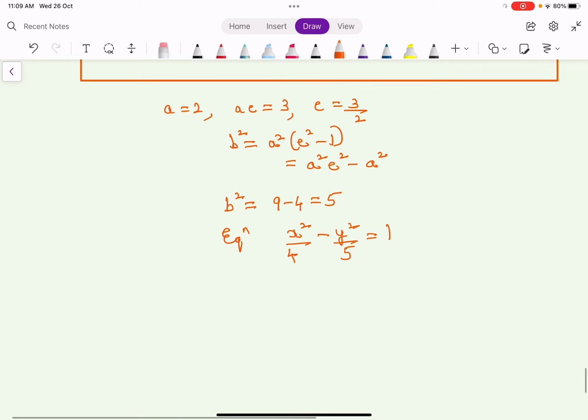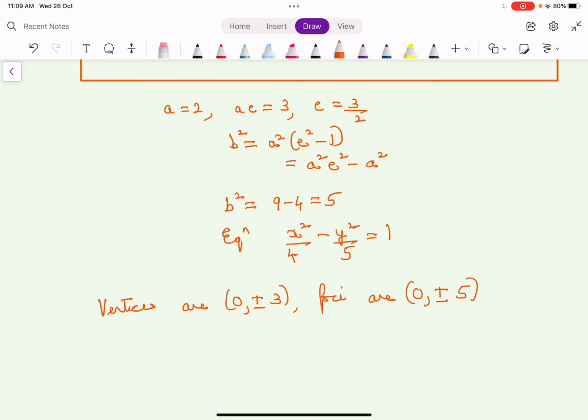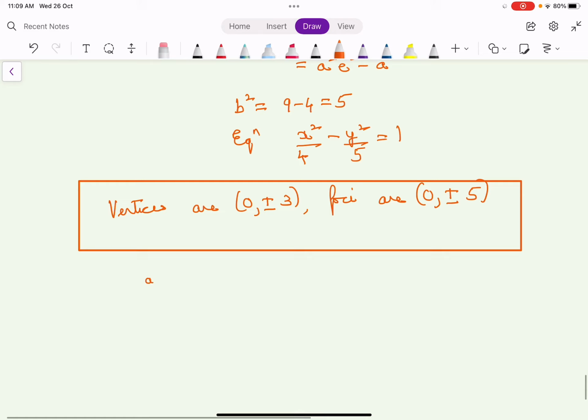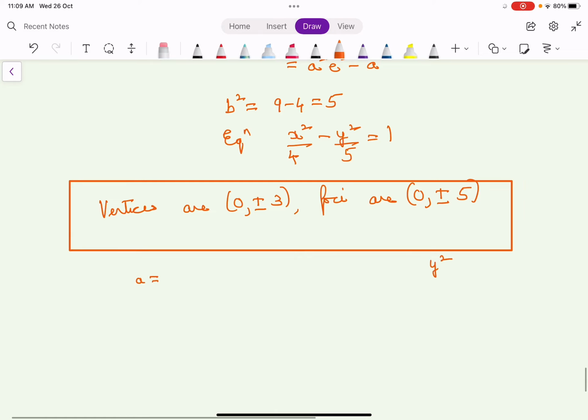Again, a similar question. If the vertices are 0 plus or minus 3, foci are 0 plus or minus 5, find the equation of the hyperbola. Now this is of the second form, looking at the vertices. So what's the second form? y squared by a squared minus x squared by b squared equal to 1.